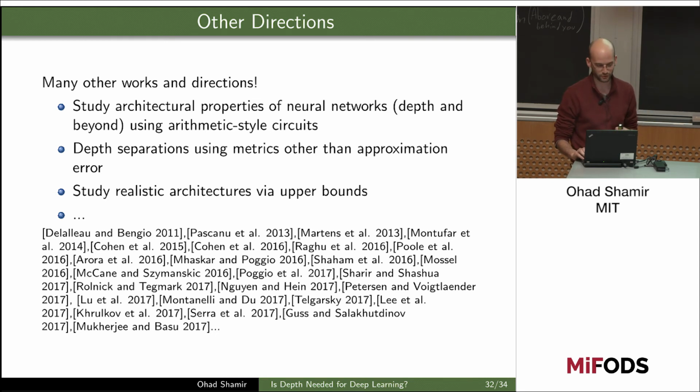Also works trying to understand properties of various realistic architectures, not so much through lower bounds, but just showing how upper bounds are different for different depths. Also works at MIT, so people in Tommaso Poggio's group have been working on these things. And anyway, I just want to say that by no means have I surveyed everything that has been done.